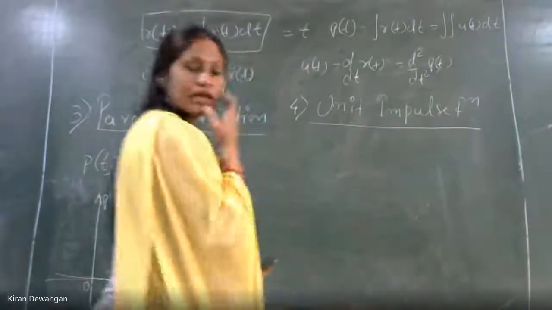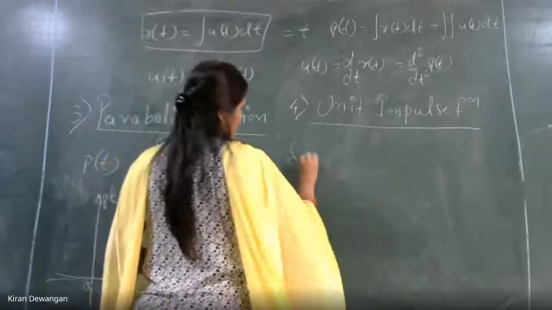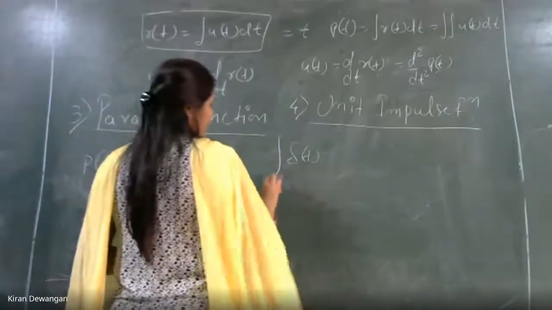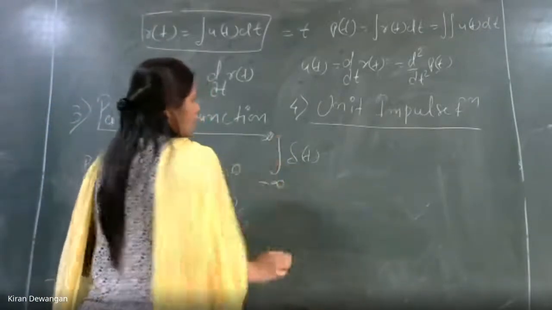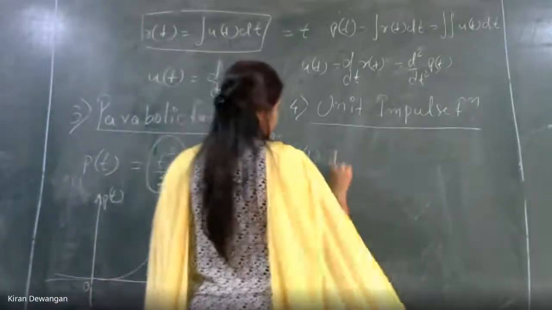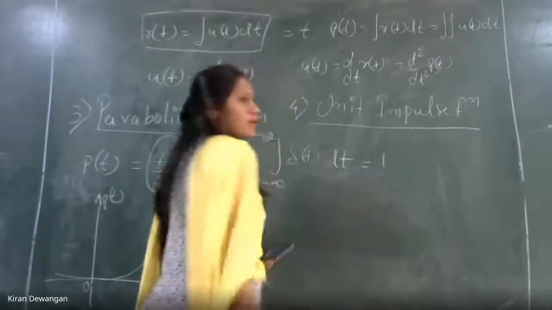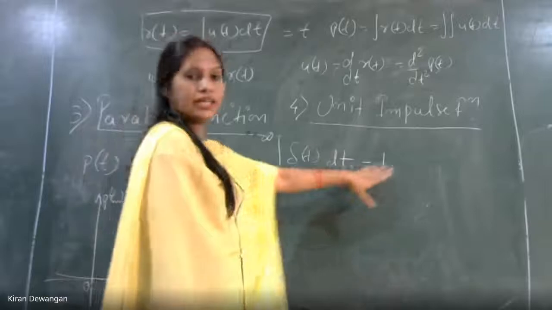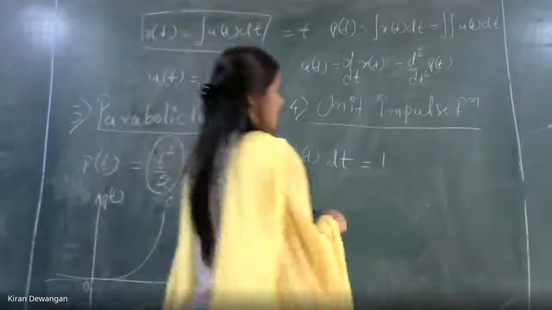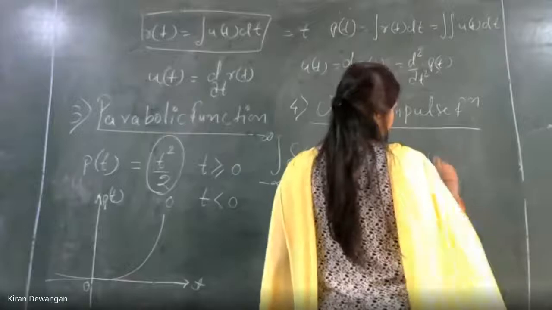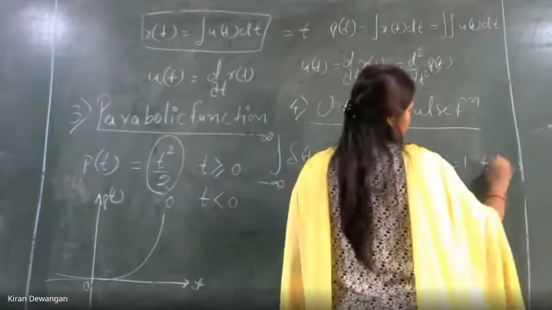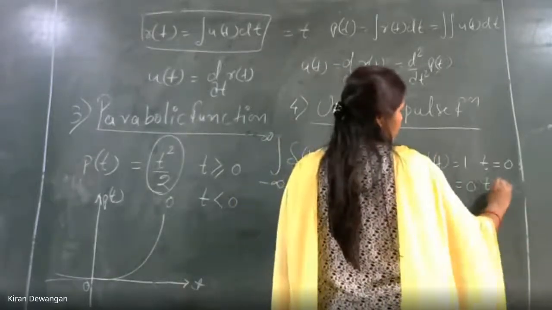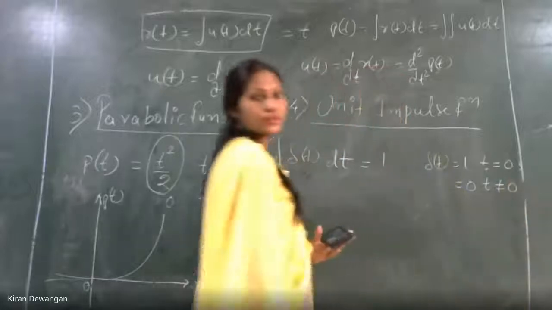The unit impulse function is represented by δ(t) and it is given as: integration from minus infinity to infinity of δ(t) dt is always 1, which means that δ(t) is 1 for t equals 0 and it is 0 for t not equal to 0.